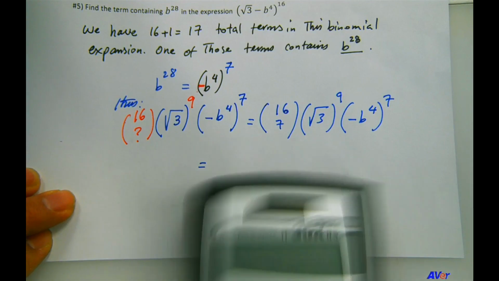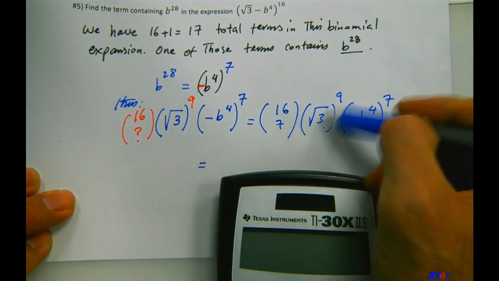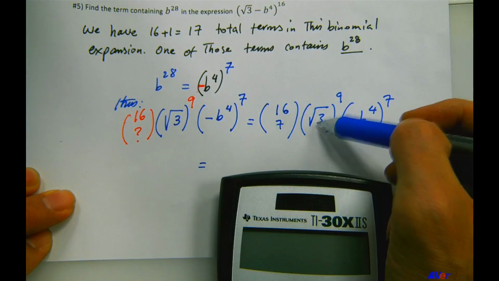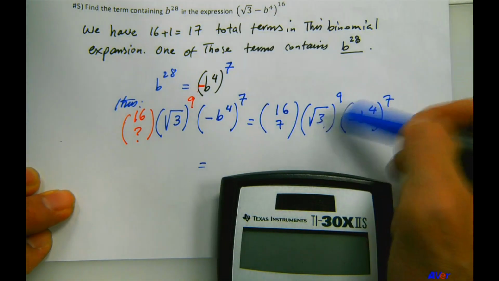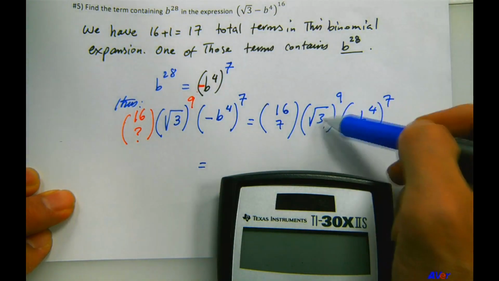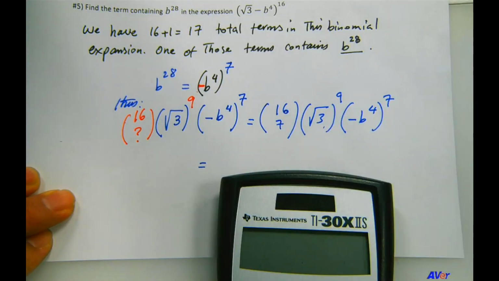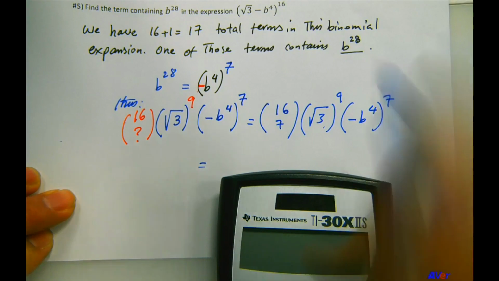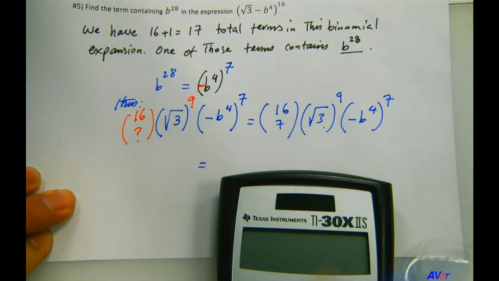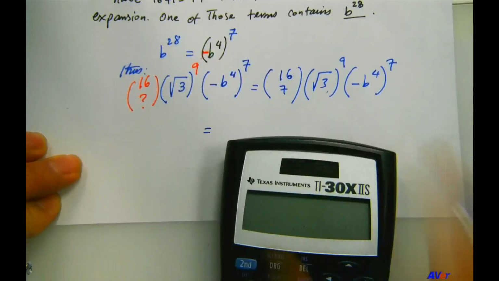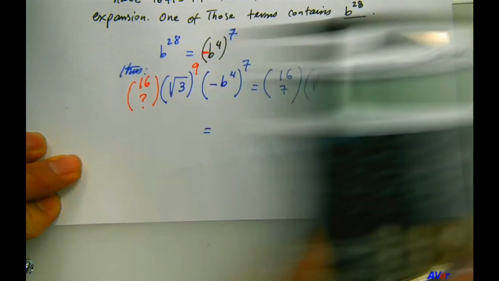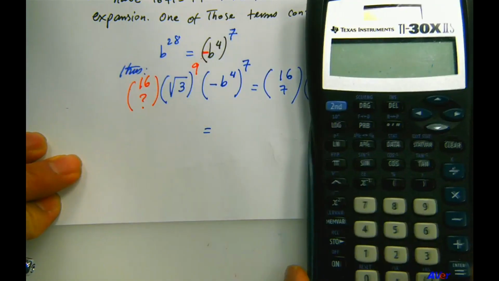That's going to be an irrational number, so I'm going to leave that as square root of 3 to the 9th power. I'm not going to calculate that because it's going to be some decimal number. Square root of 3 is irrational, right? But I'm going to calculate 16 choose 7, and I'm going to write it down. Okay, let's calculate that number.